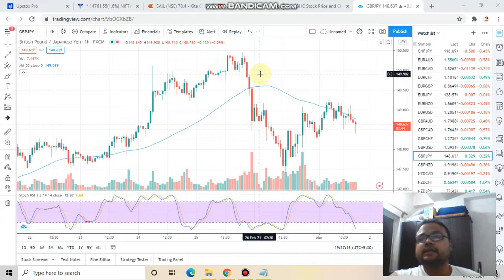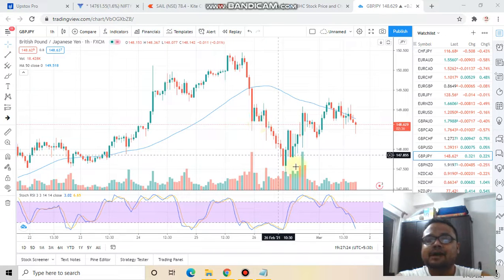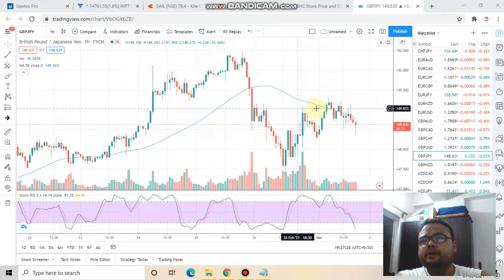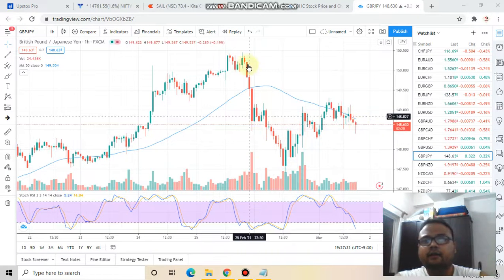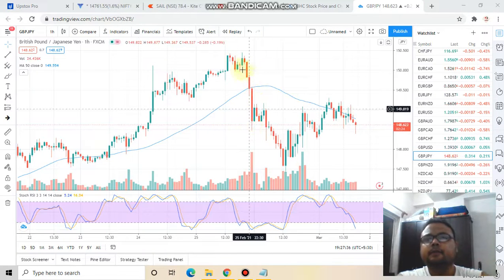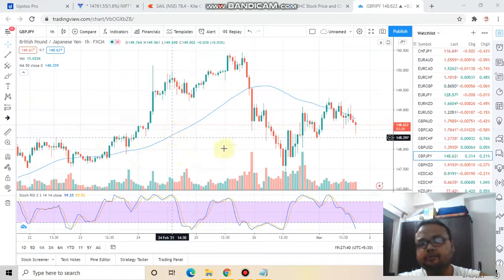So we can see that right now market is trading at 148.62. Right now market is trying to go up, then again consolidating. Market is making higher highs, lower highs, and there was a huge fall in the last trading session. Before that market was in a good, clean uptrend.